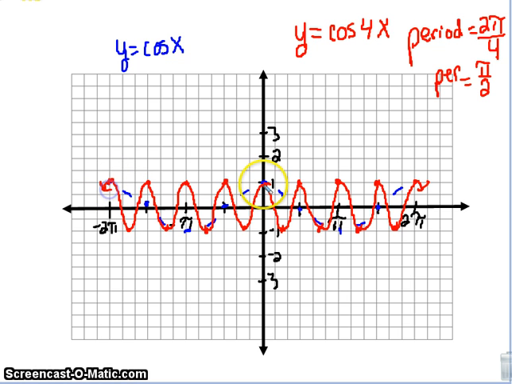So if you notice, here is one cycle, here is my second cycle, here's my third cycle, and here's my fourth cycle, all between 0 and 2 pi.